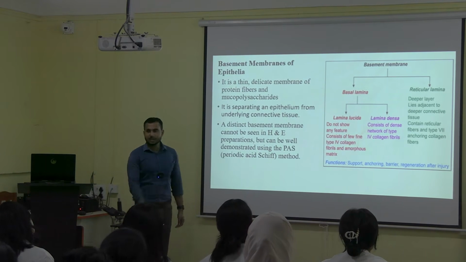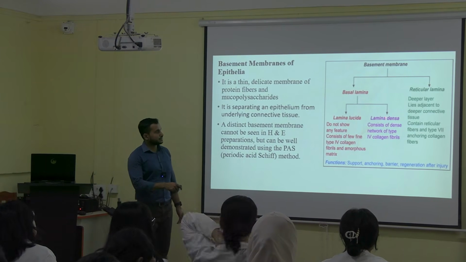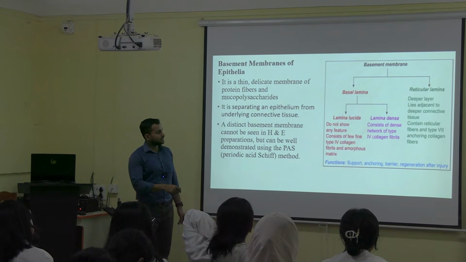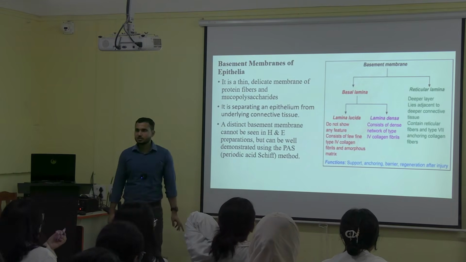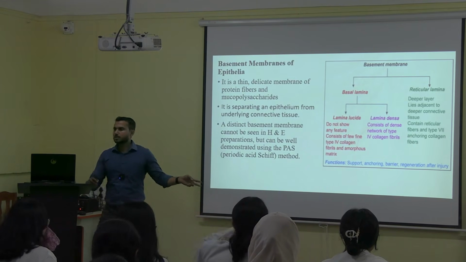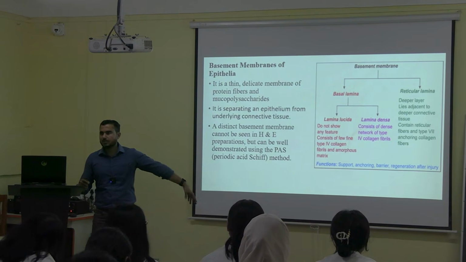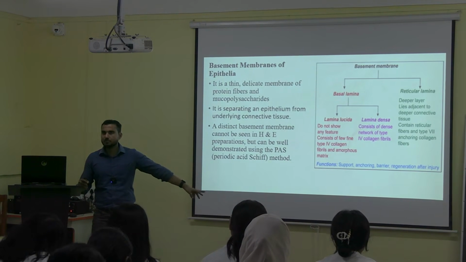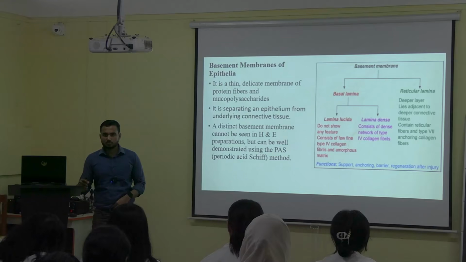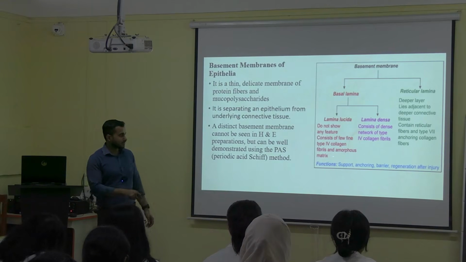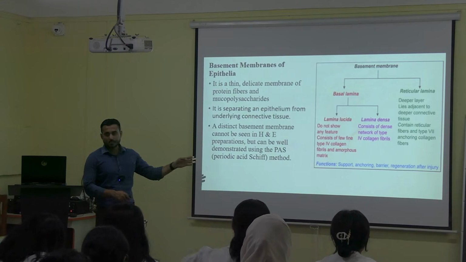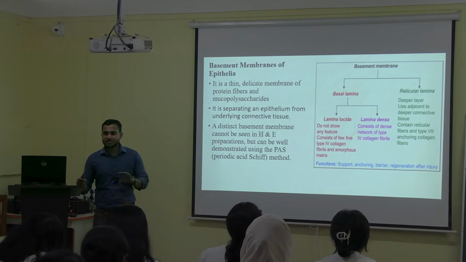The lamina densa is made up of type 4 collagen fibrils. I don't think you have studied collagen fibers yet, so I'm not giving much stress. We'll discuss collagen fibers and fibrils in the connective tissue chapter, along with the amorphous matrix. Just keep that in mind. These things form the basal lamina.